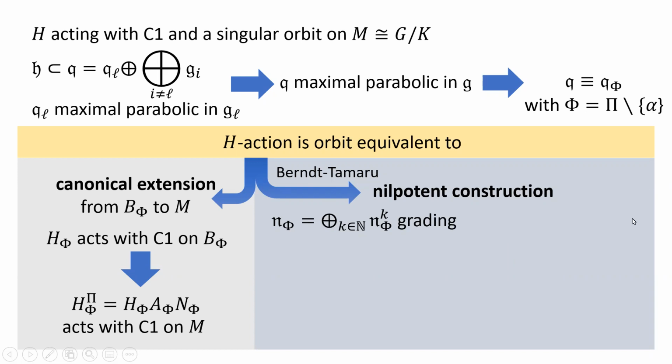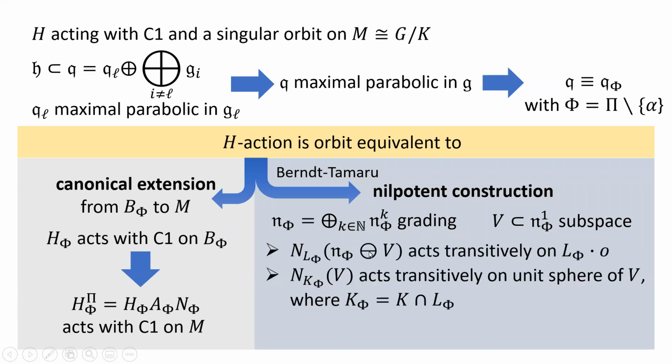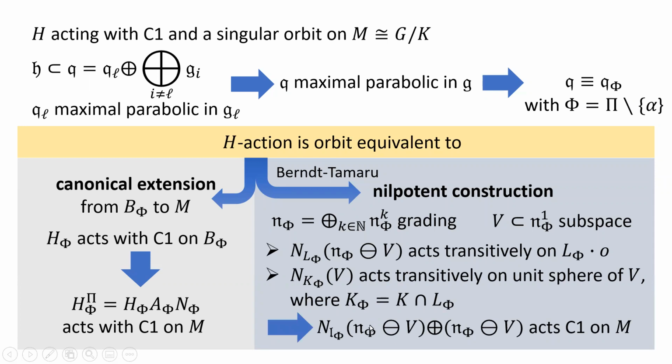Now it depends on the choice of a subspace V of the first space of this direct sum. If these two technical conditions are satisfied, forget them for a second, then the Lie group with this Lie algebra acts with cohomogeneity 1 on M. So this provides a method to construct cohomogeneity 1 actions.